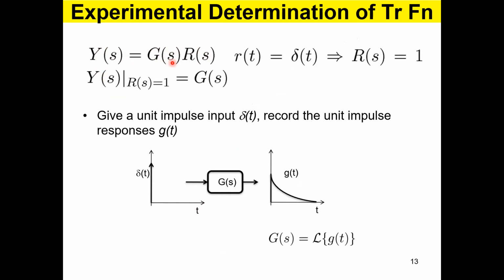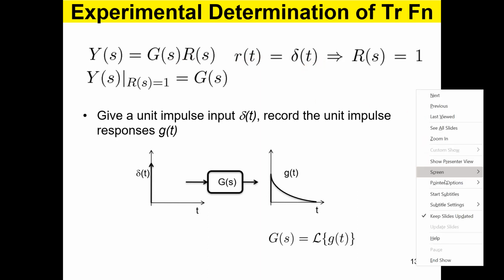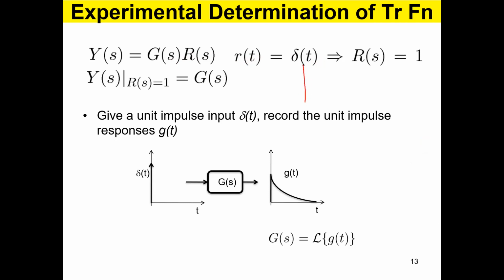Now, if you start from there, and if you further say that your r(t), that is the input to the plant, is delta(t). What is delta(t)? Delta(t) is an impulse, like, for example, delta(t) is like this.